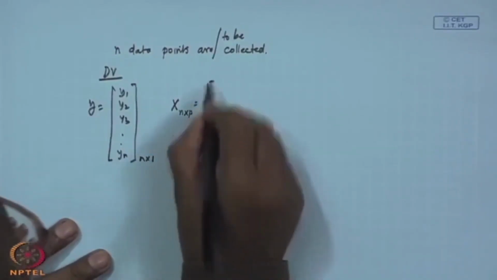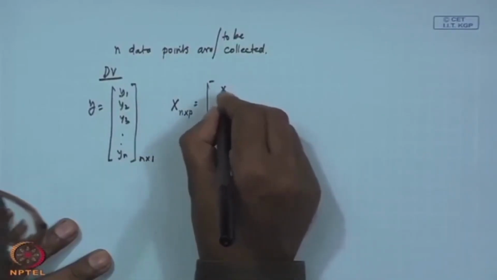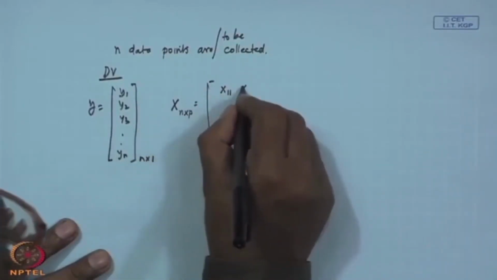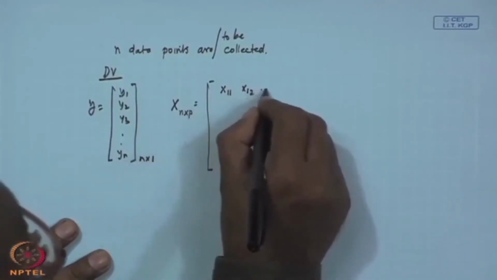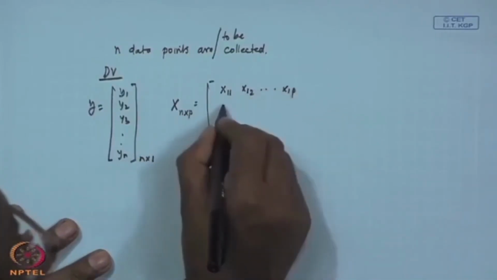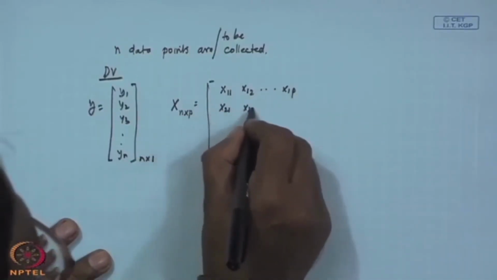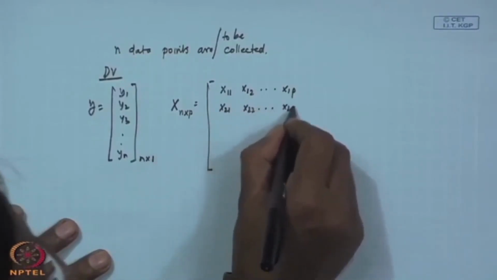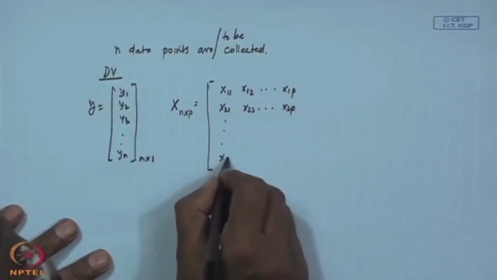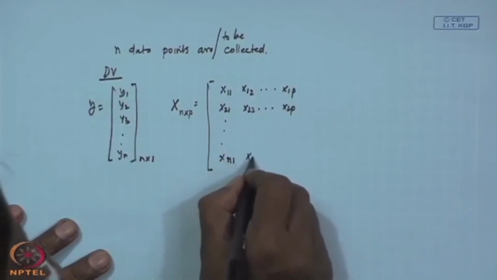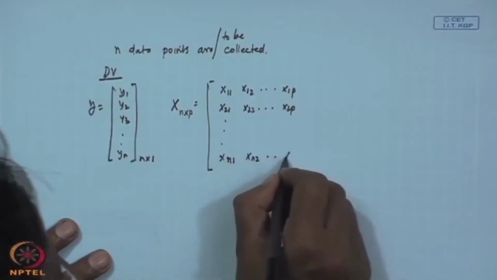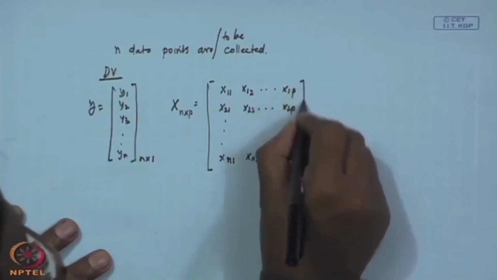So, we will use here x11, x12, up to x1p, x21, x22, up to x2p, and like this xn1, xn2, dot dot dot, xnp.